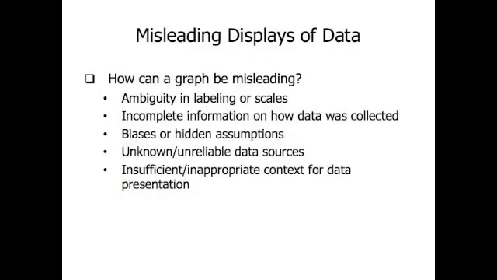Moving on. Visual displays of data may have features that reduce their effectiveness or even cause them to be downright misleading. These difficulties can arise from ambiguity in the axis labels or scales, incomplete information on how each data point was collected and how the points might have been varied, biases or hidden assumptions in the presentation or grouping of the data, unknown or unreliable sources of data, or an inappropriate context given for the data presentation.